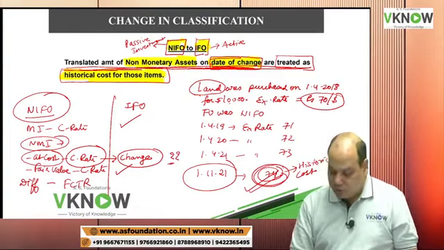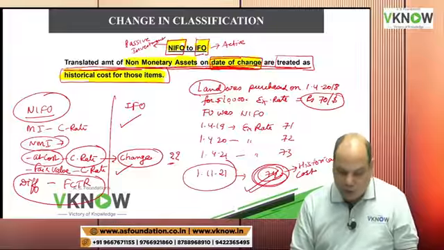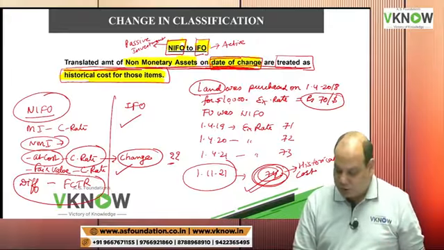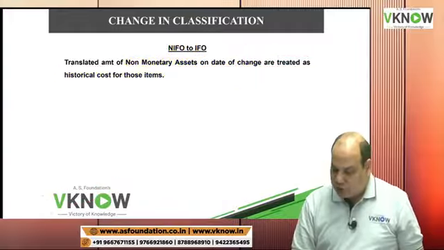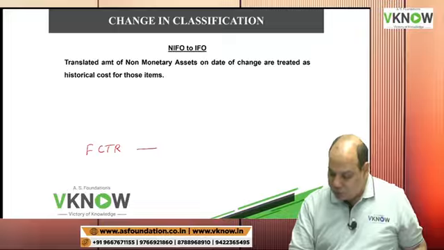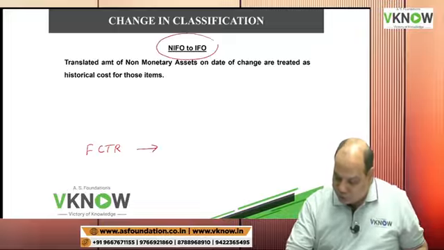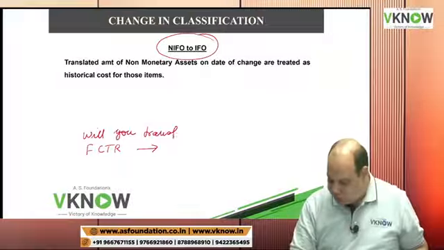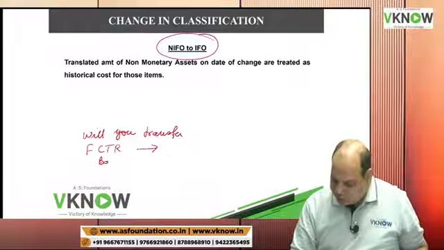Then your question will be, what will happen to FCTR? Because earlier it was FCTR, NIFO. When you are converting NIFO to EFO, will you transfer FCTR balance to P&L account?